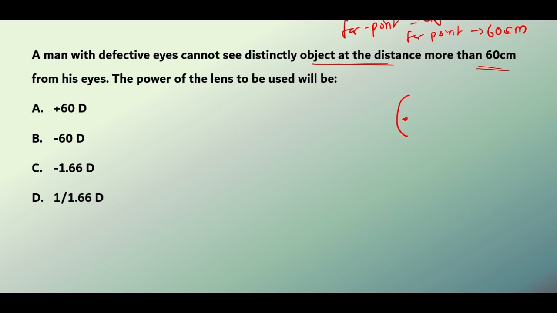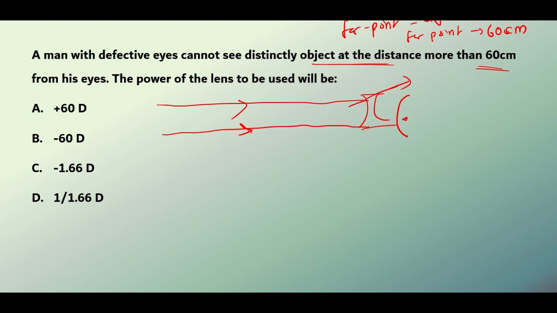And so the goal of the lens would be for the image from infinity, which would diverge, to form an image at a maximum of 60 centimeters.